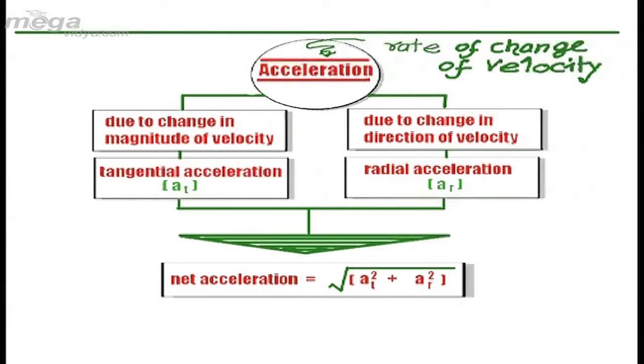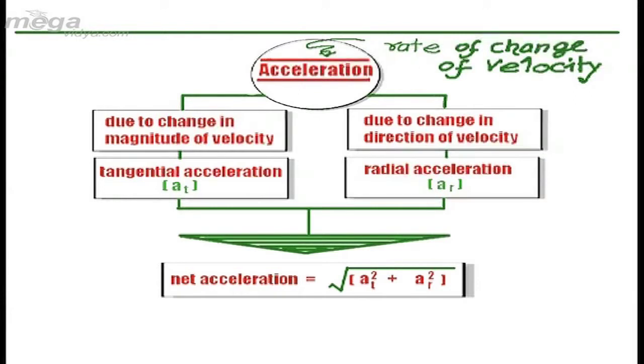I just want to clear it into two separate parts. In one part, I will talk about changing velocity due to change in its magnitude, while in the next part I will discuss the change in direction of velocity, so as to get clear information about circular motion.